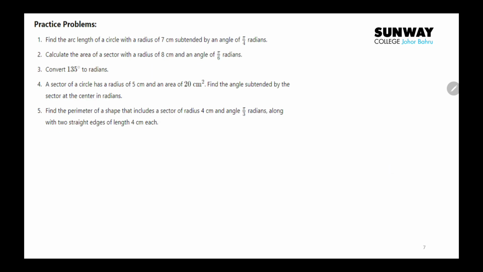Here are some practice problems. For the first question, you would like to figure out the arc length of a circle with radius 7 cm. Angle is pi/4. Arc length formula is r theta, so it's 7 multiplied by pi/4. So the answer is 7 pi/4.